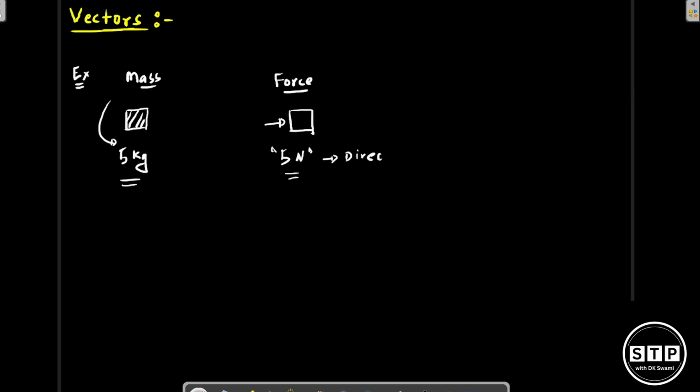So on this basis we can say physical quantities can be of two types, primarily two types. One are those quantities that will just have the magnitude. And another type of quantity which will have magnitude and its direction.